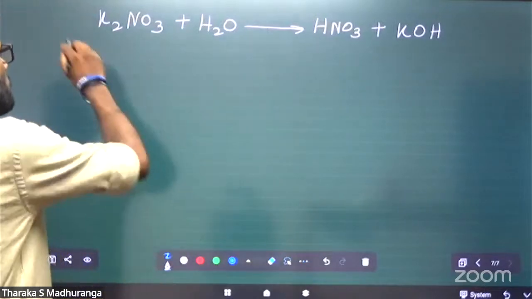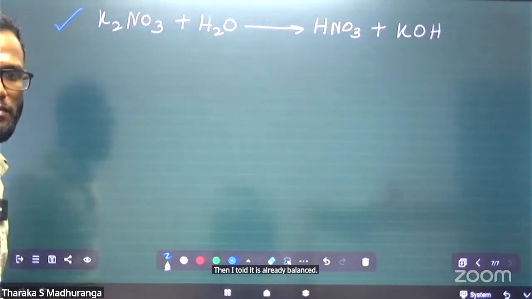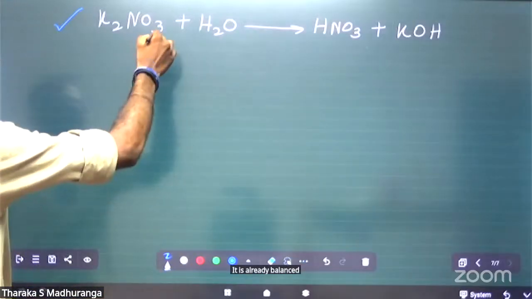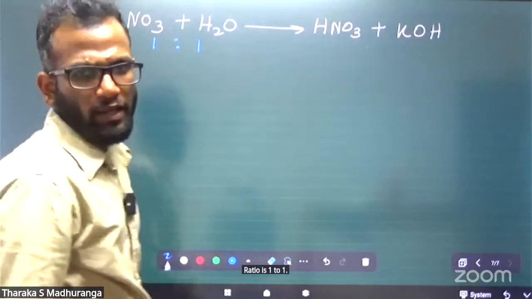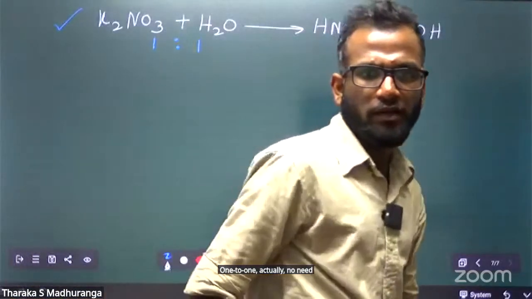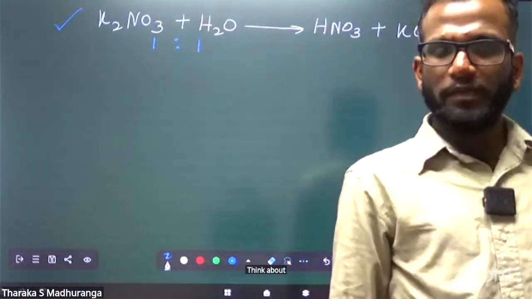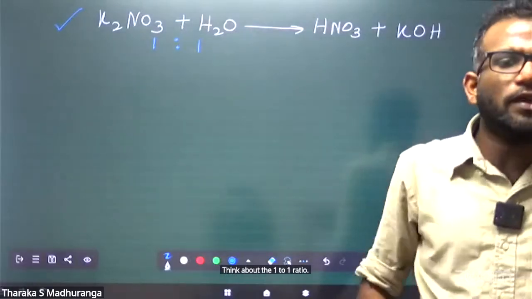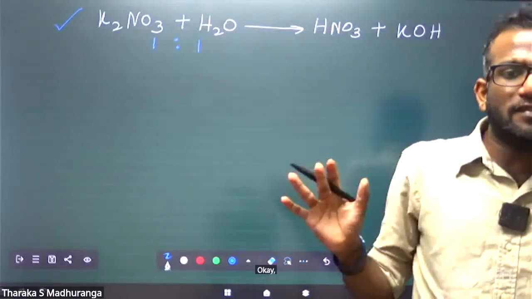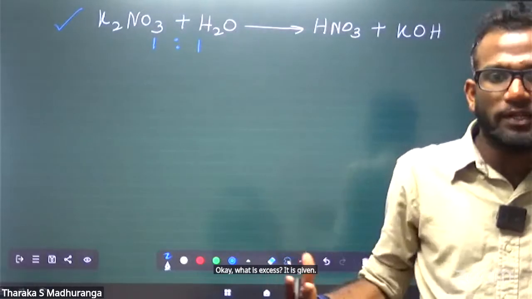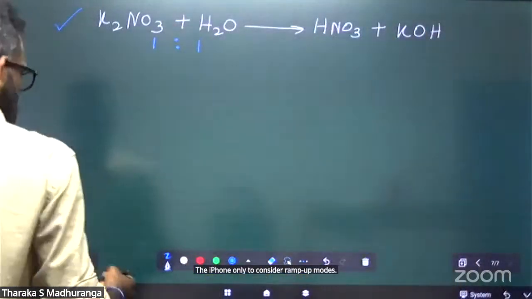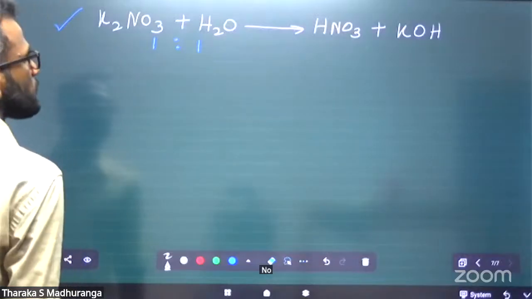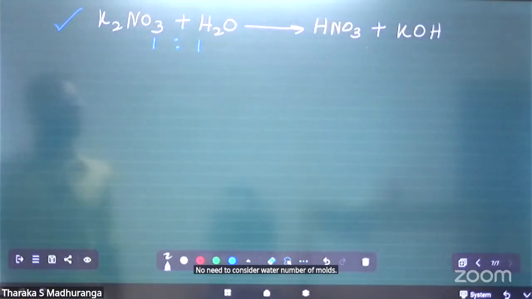It is already balanced. Then the ratio is 1 to 1. Actually, no need to think about the 1 to 1 ratio. Water is excess, it is given. Water is unlimited. Therefore, no need to consider the number of moles of water.